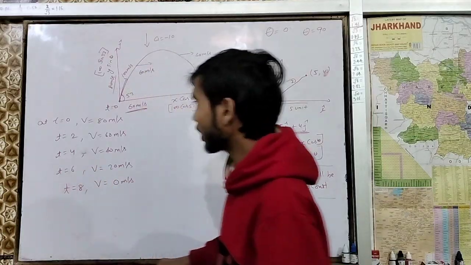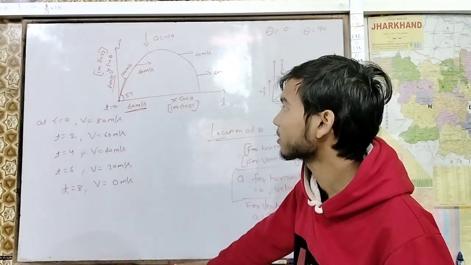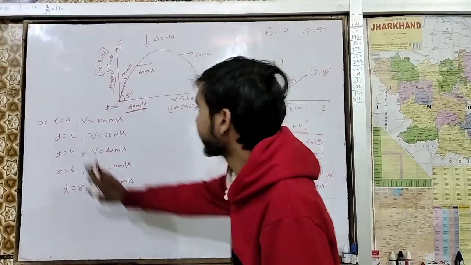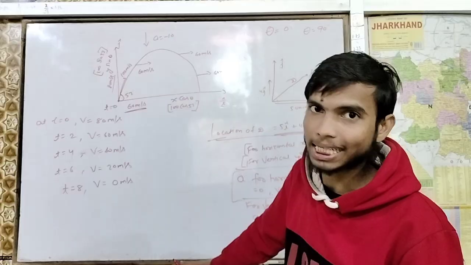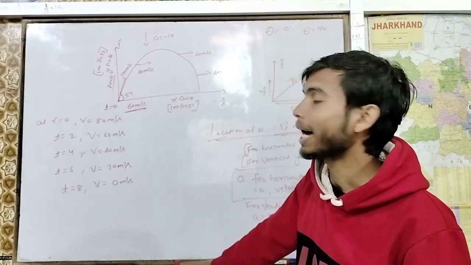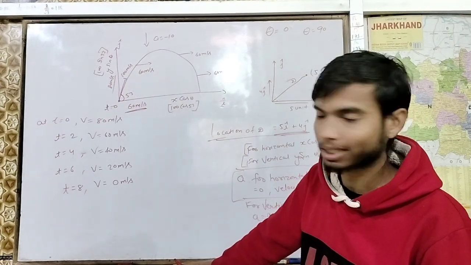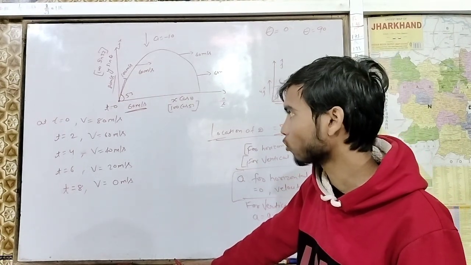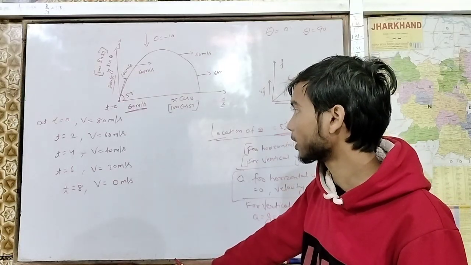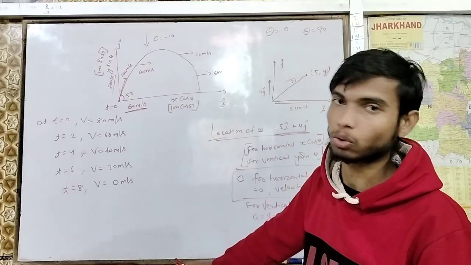This is your pattern. Try to understand this pattern. At 0 seconds, velocity was 80 meter per second. At 2 seconds, it decreased by 20, which is 60 meter per second. At 4 seconds, we got 40 meter per second. At 6 seconds, velocity became 20. At 8 seconds, velocity became 0.